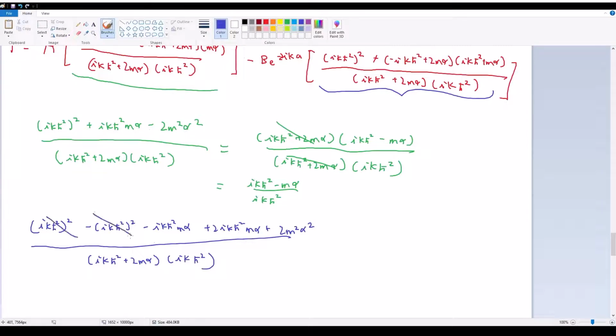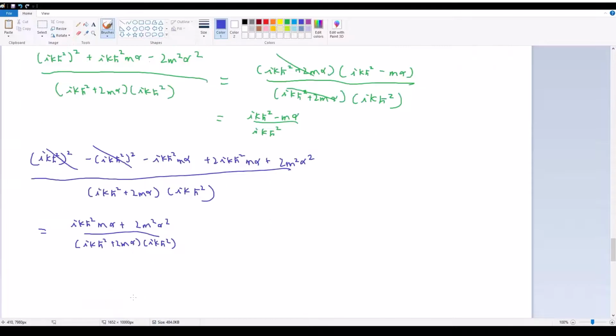Once again, these two terms cancel out. The top term becomes ik ħ² m alpha plus 2m² alpha², and then the bottom stays the same, ik ħ² plus 2m alpha multiplied by ik ħ².